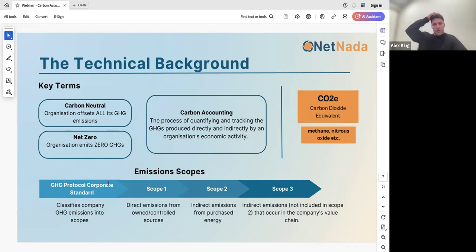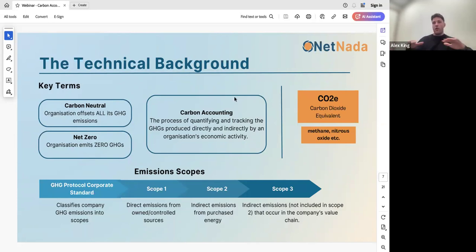In some industries, it could be argued at the moment that net zero is not technically possible right now. It will be when we can reduce, and when your scope 3 can be reduced considerably, but at the moment it's very, very, very difficult. That's why you hear all the time about businesses being carbon neutral, but their net zero target will be 2035, or 2050 even, which is a pretty ambitious target.